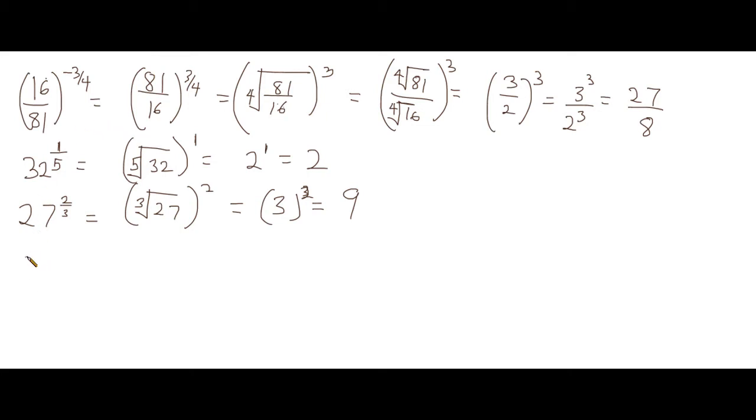We have 2 whole number 1 over 4 raised to power of 1 whole number 1 over 2. All we need to do is to change it to improper fractions, and when we change the inner bracket, we have 9 over 2, and this will be 3 over 2.